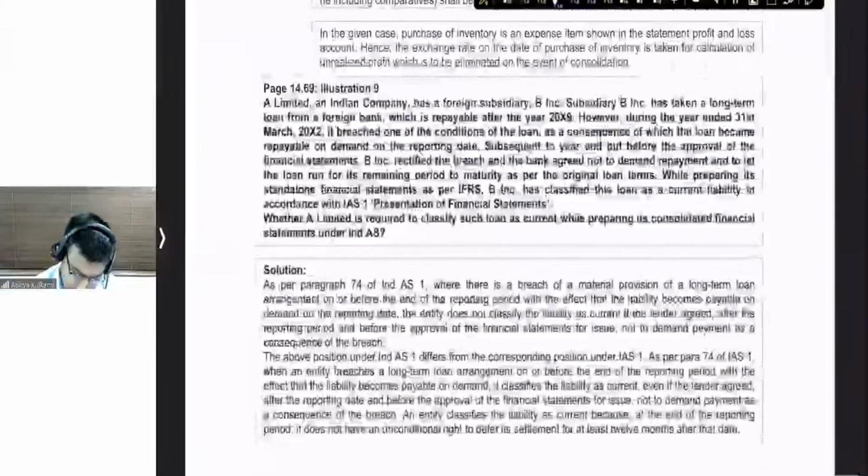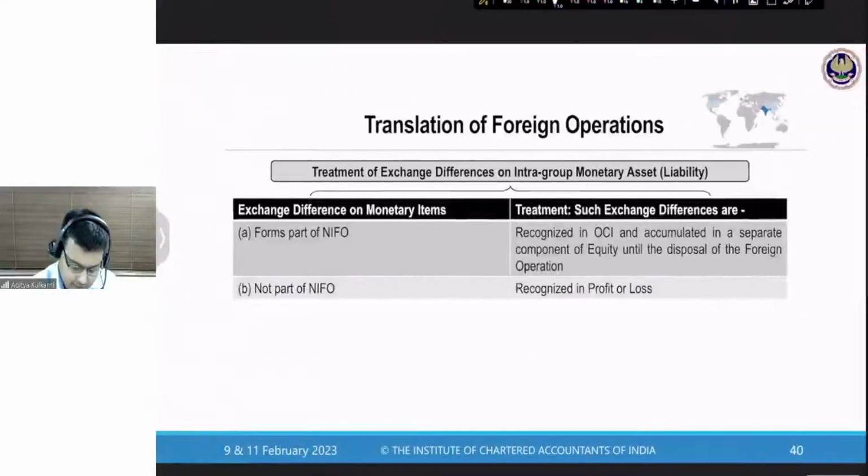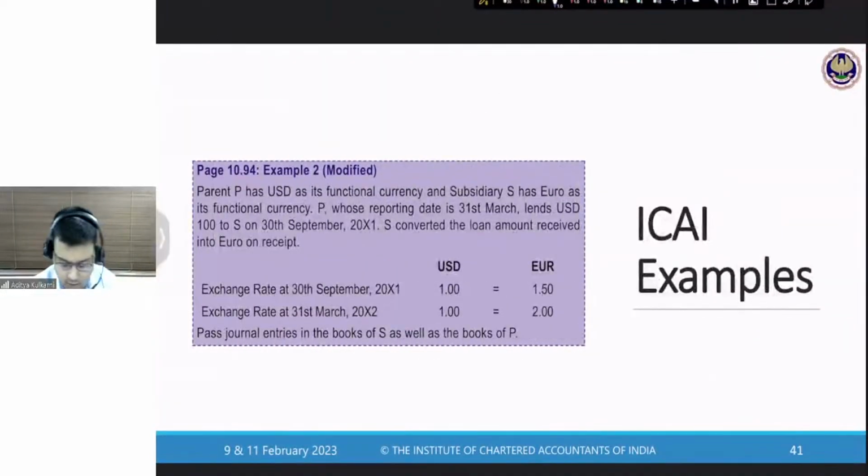So FCTR is done. Intra-group balances is what we will now look into. And then we will wind up with a question.